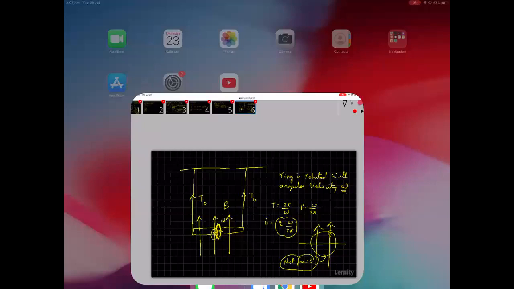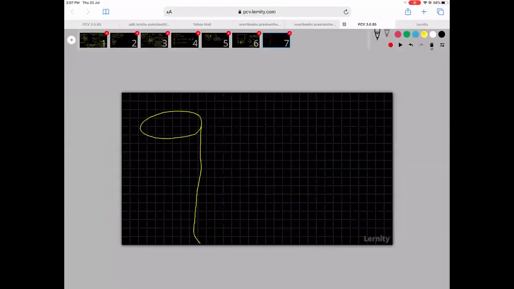Okay, suppose there is a wire like this. Every wire will have some radius. So this is radius. So this wire will have some current I. Let this radius be capital R. If this wire has some current I, then the current density J is equal to I divided by pi R squared. Now, if I want to know what is the magnetic field at this point, I look at one circle here, right?